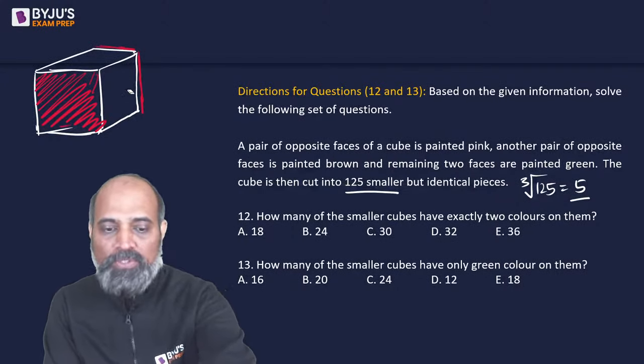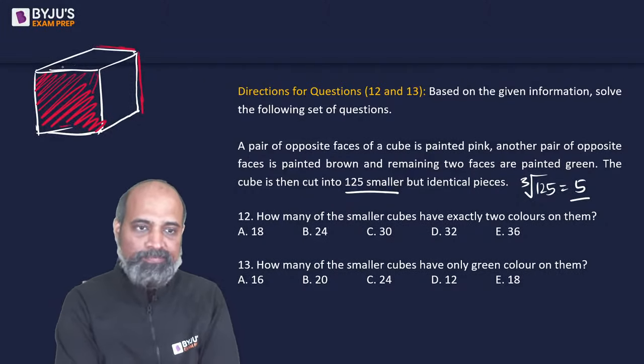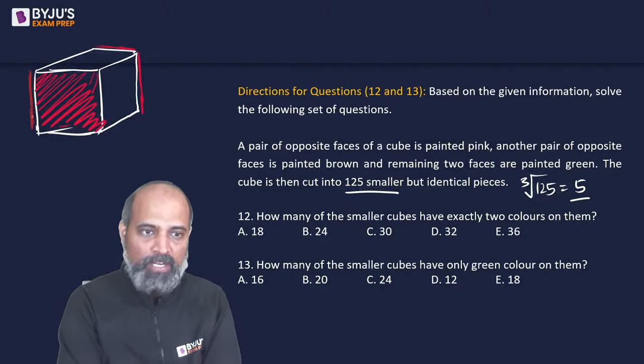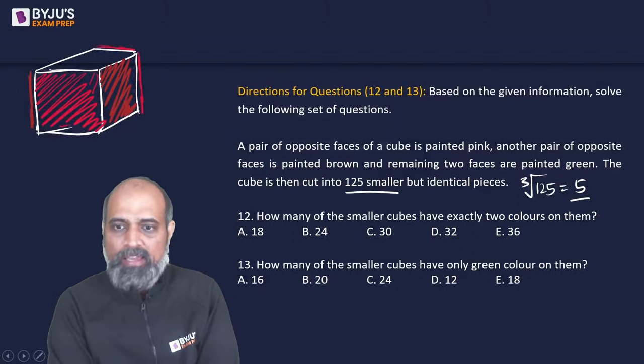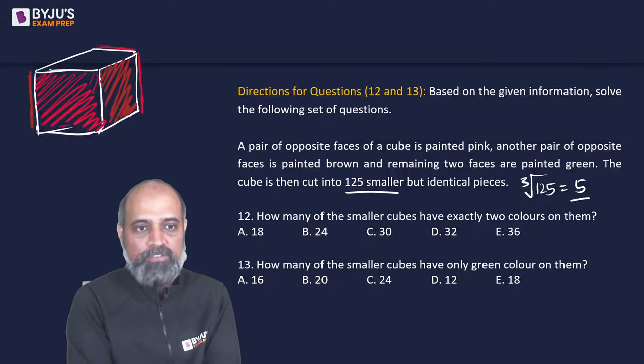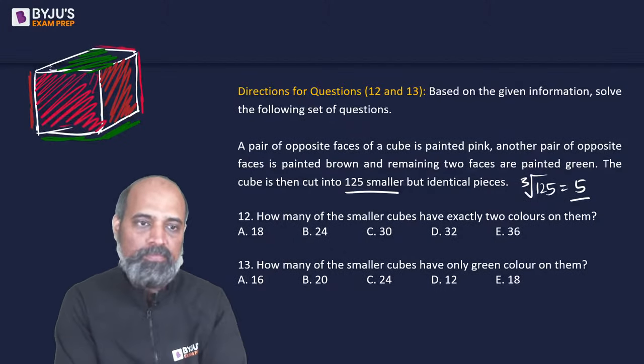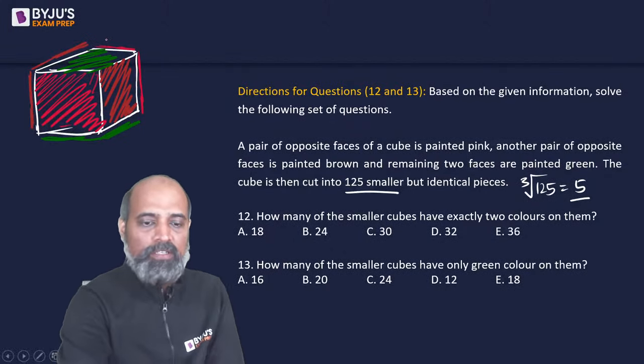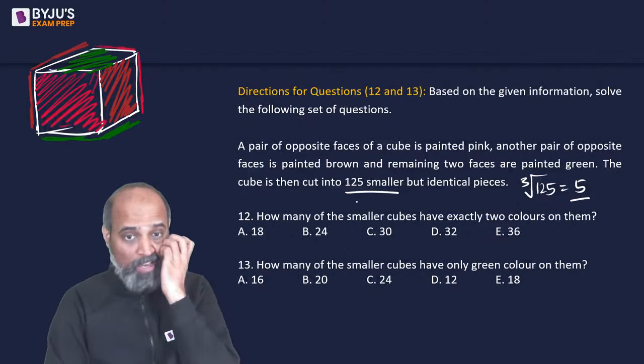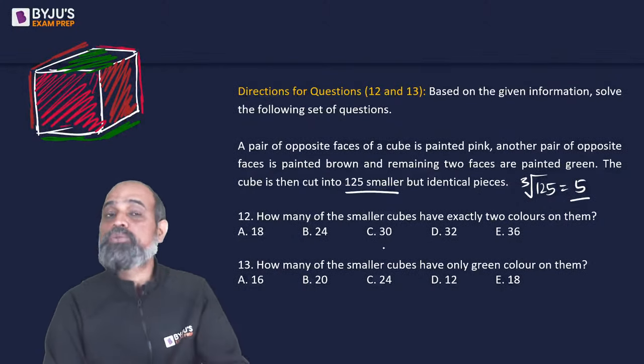So दो को brown कर देते हैं. So I will take this as brown and I will paint this as brown. And two are painted green. So I'll take the top one as green and the bottom one as green. Right? Okay. Now, how many of the smaller cubes have exactly two colors on them?